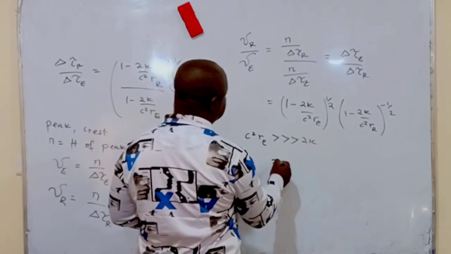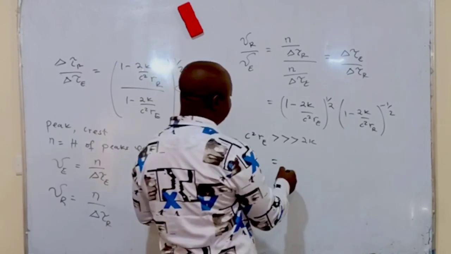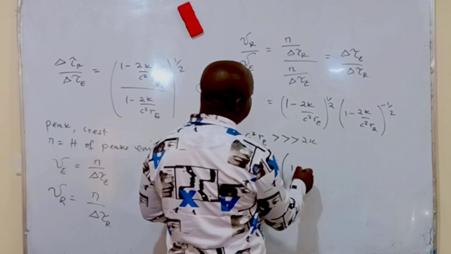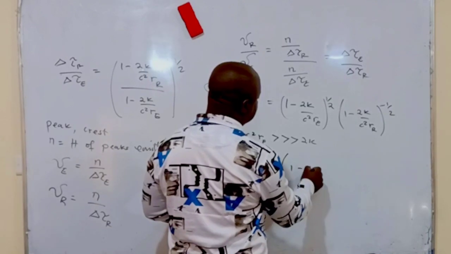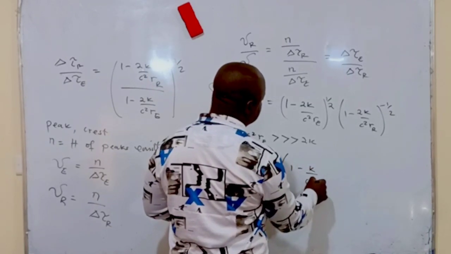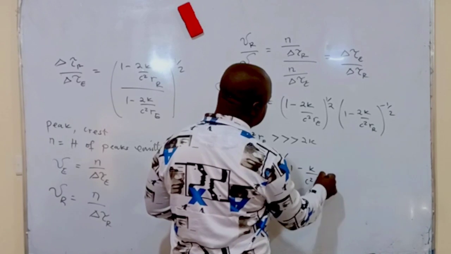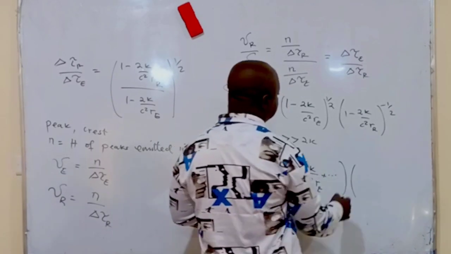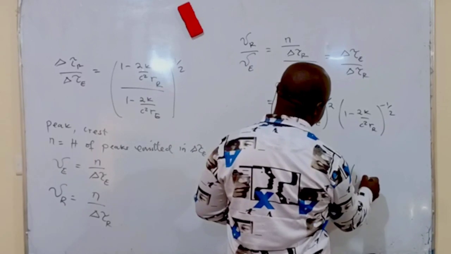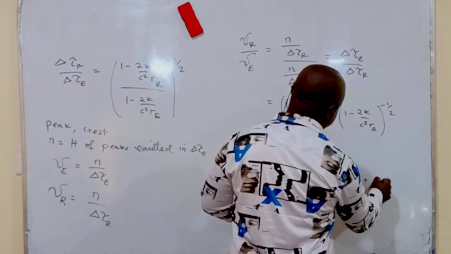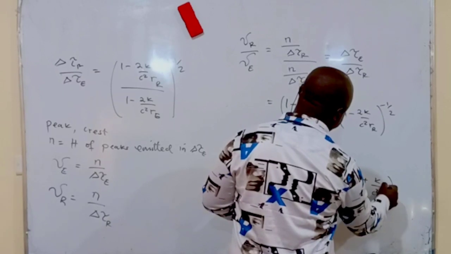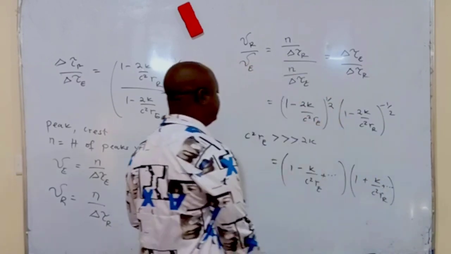So we expand this, we are going to end up with 1 minus k over c squared r_e, times 1 plus k over c squared r_r, plus other terms.